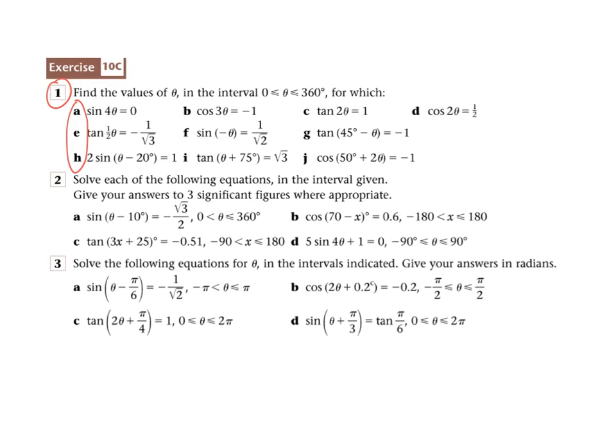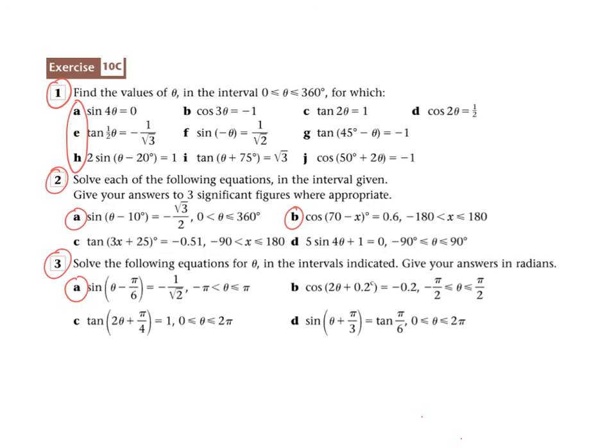Question 2, we'll do A and B. And then on question 3, can you try part A? So as I said, that's the absolute bare minimum to solve these equations.